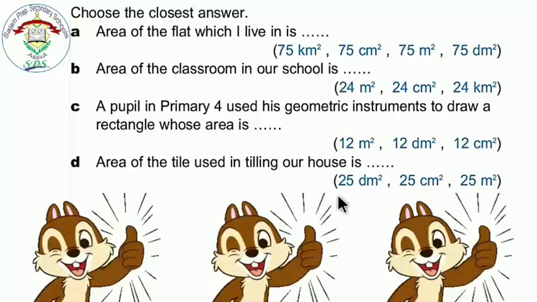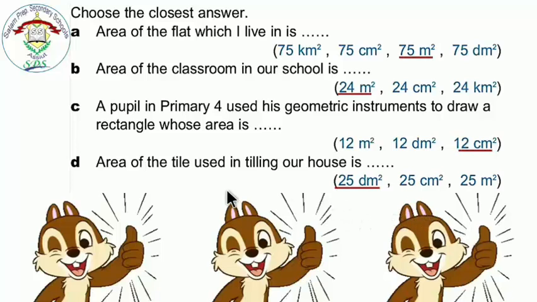To determine the correct answer, we should know the side length of this tile. 25 square decimeter is the area, so the side length will be 5 decimeter times 5 decimeter. 25 square centimeter is the area, so the side length will be 5 centimeter times 5 centimeter. 25 square meter is the area, so the side length will be 5 meter times 5 meter. Okay?